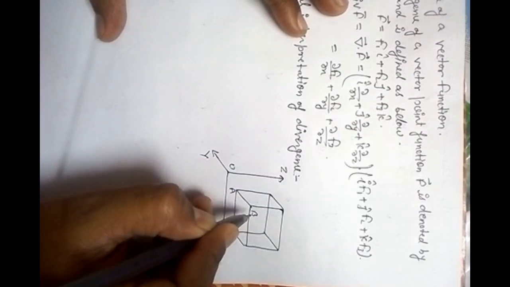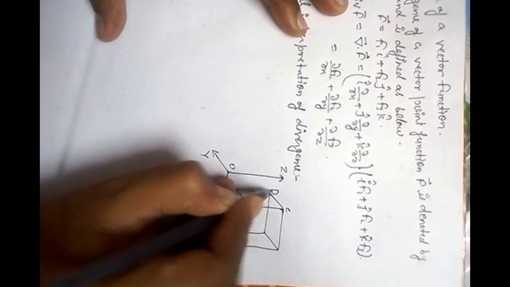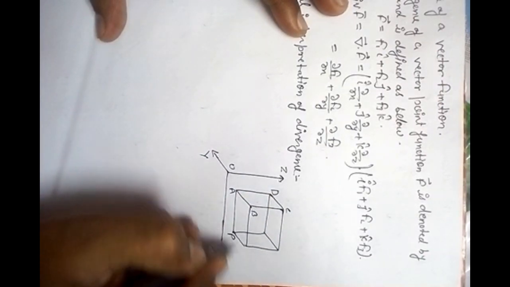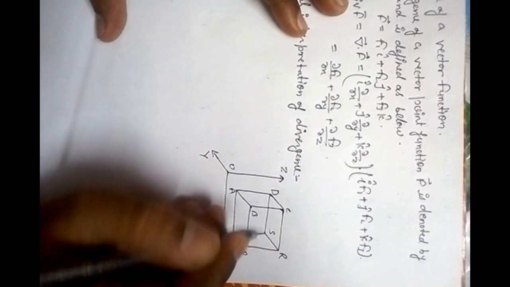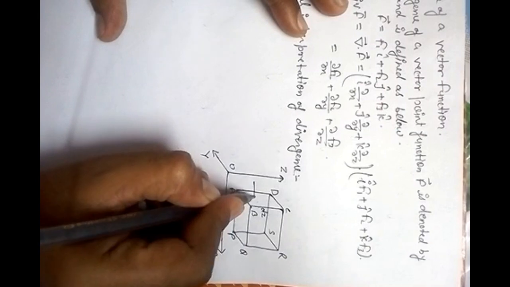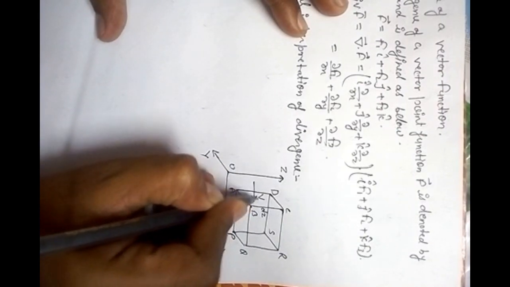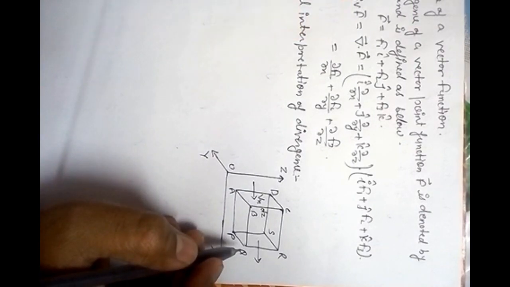A, B, C, D, P, Q, R, S, and this is del Z.